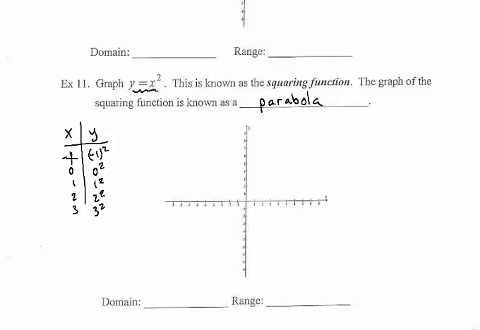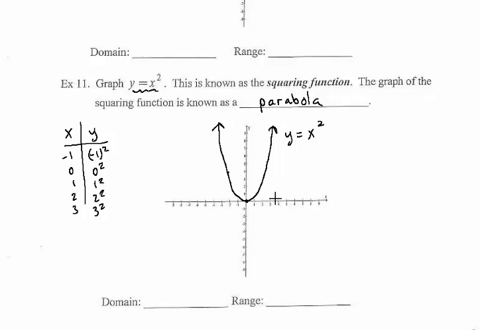Then when you plotted those x and y pairs, you would end up with a function that's shaped like this. Sort of a U. And this is what you would plot if you had y equals x squared.